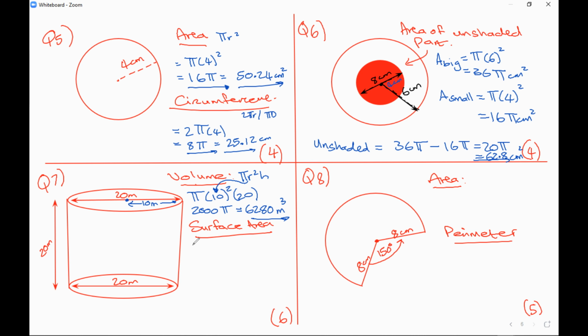The surface area formula is two circles, remember, at the top and at the bottom. So 2 pi r squared. So this one over here and this one over here, plus 2 pi r h.